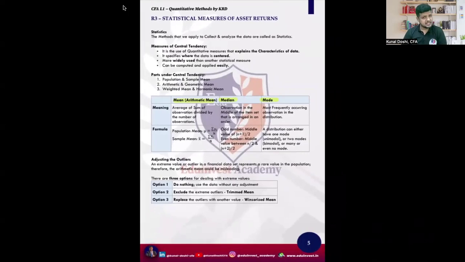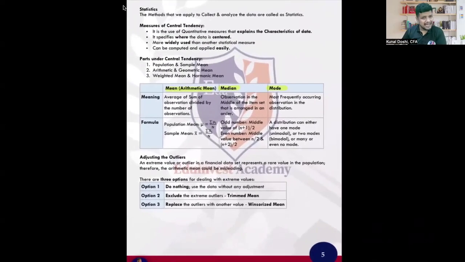Mean is the average returns, right? So it's the sum of the observations divided by n. So what do we do? Summation of the returns divided by n. That is what we call mean. Now, suppose I want to find the average salary of each individual in a country, then we call it a population mean.